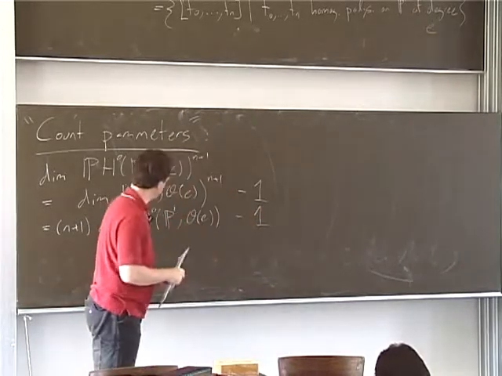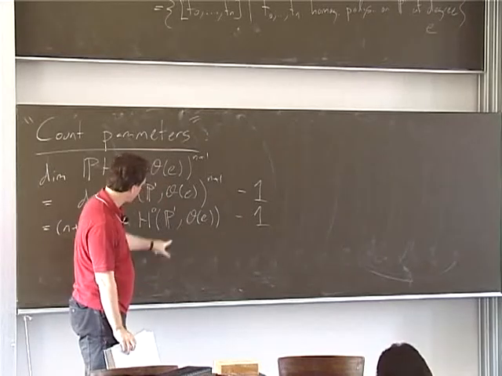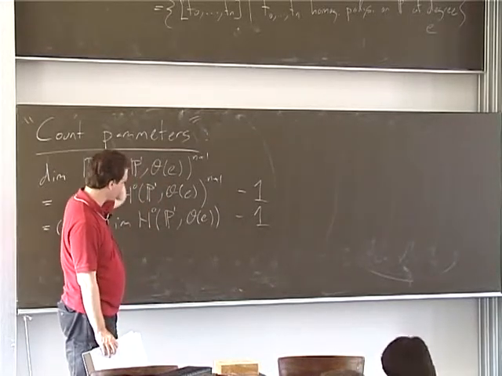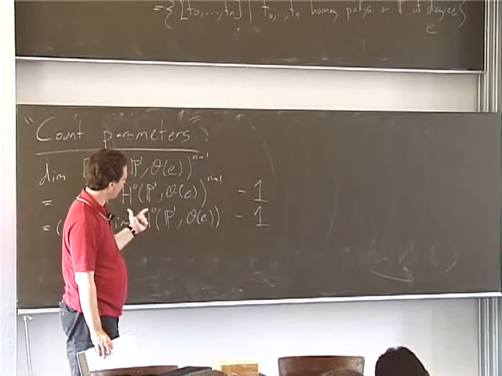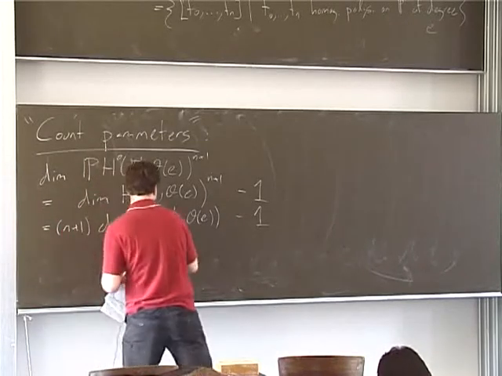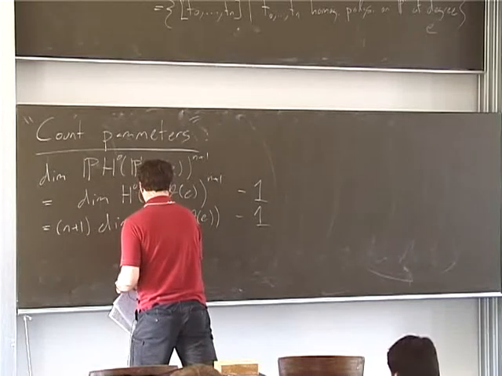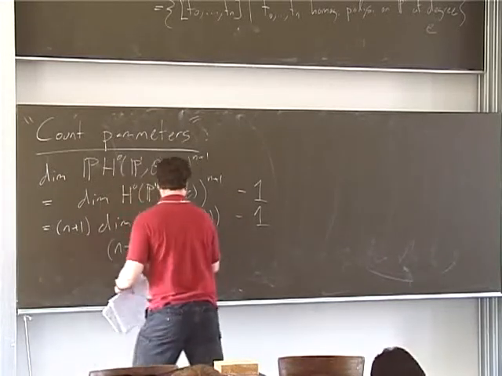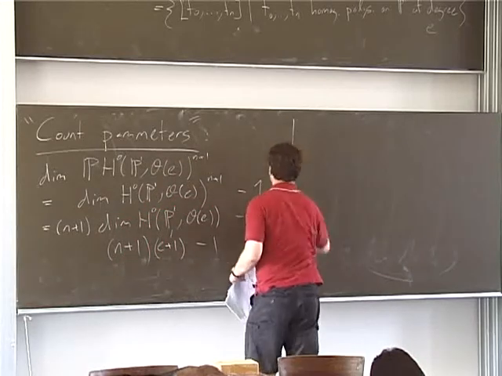But of course, if I choose coordinates x0, x1 on P1, then a basis for the space of polynomials is x0 to the e, x0 to the e minus 1 x1, all the way up to x1 to the e. So this has dimension e plus 1. So we get (n plus 1)(e plus 1) minus 1. So this is the dimension of the space.